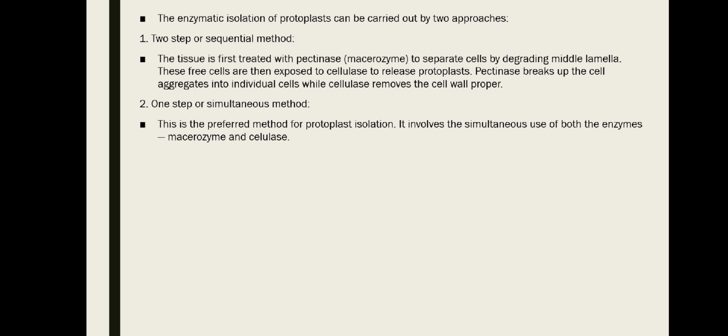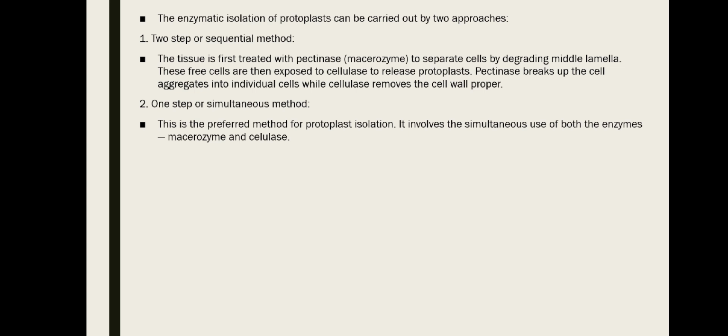The enzymatic isolation of protoplasts can be carried out by two approaches. 1. Two-step or sequential method. The tissue is first treated with pectinase, macerozyme, to separate cells by degrading the middle lamella. Then these free cells are exposed to cellulase to release protoplasts.